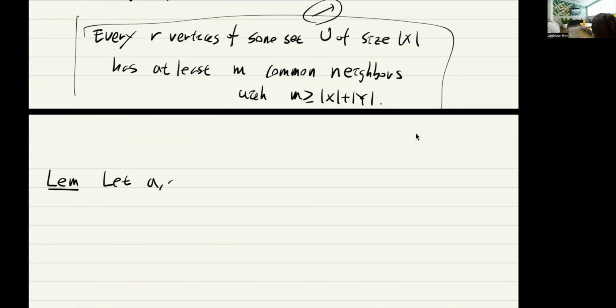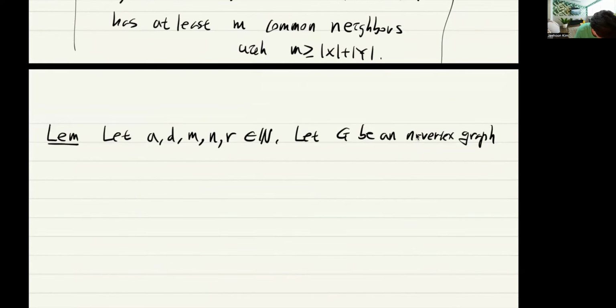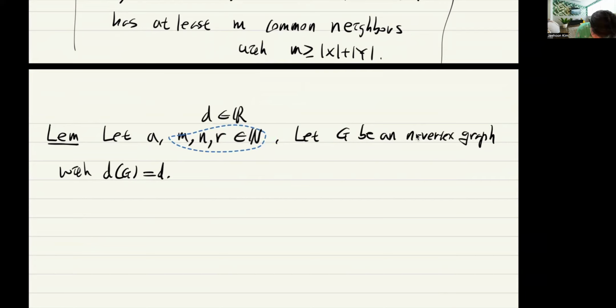Let's say you have numbers A, B, M, N, R, and let G be an N vertex graph with average degree t. Technically t does not have to be a natural number, a real number is okay.